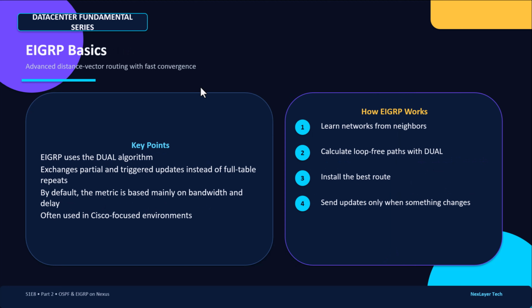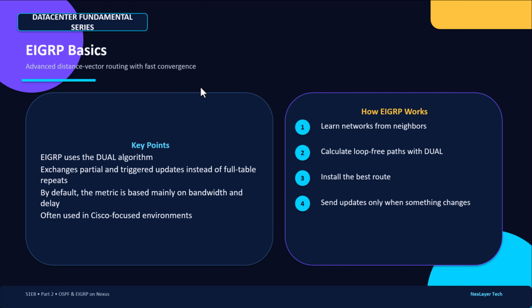Now let's move to EIGRP. EIGRP stands for Enhanced Interior Gateway Routing Protocol. It is commonly described as an advanced distance vector routing protocol. Unlike OSPF, which builds a complete link state map of the area, EIGRP uses information received from its directly connected neighbors.